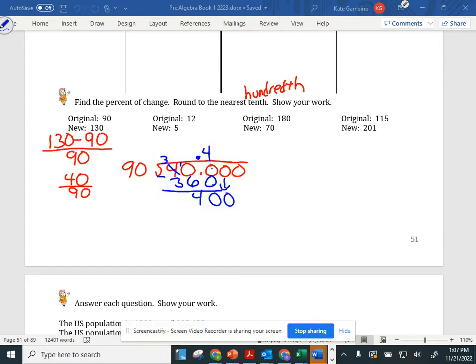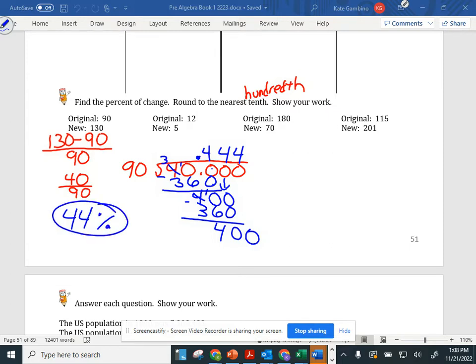Oh, I've got 90 into 400 again. So 360, this one's a little bit easier with that long division. 0 minus 0, I need to borrow, and we get the same thing. So what is my percentage going to be, Audrey? 44%. Because we round to the 100th place, not the 10th, when we work with percentages.